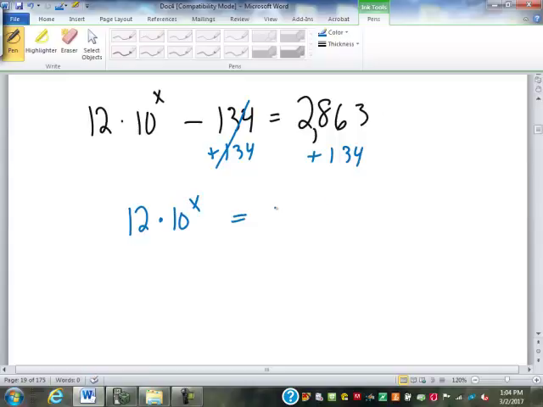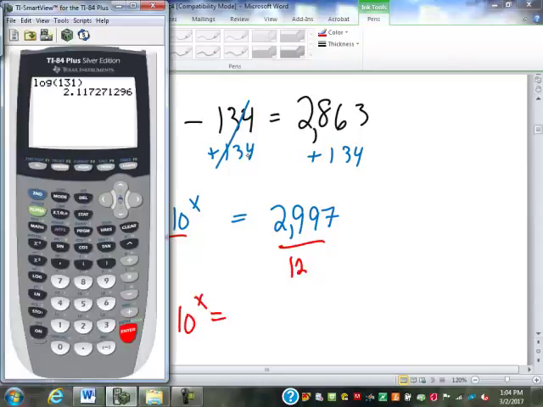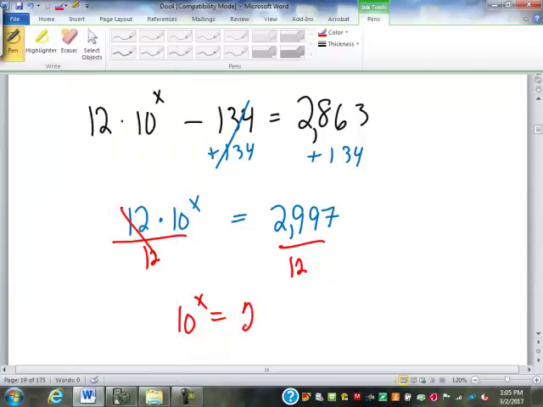Over here we have 2,997. What's that? There you go. Divide by 12. Perfect. Divide by 12. So now we're going to end up probably with some decimals. 2997 divided by 12 is 249.75.